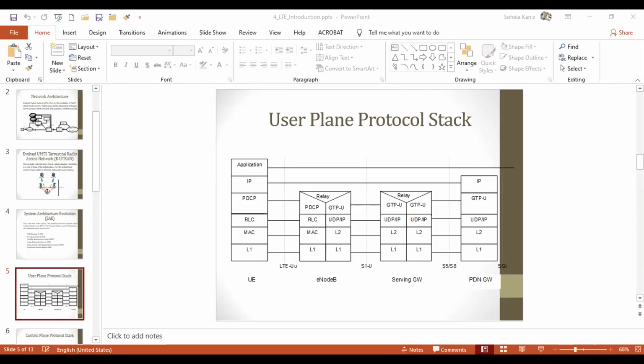Thereafter, it goes to the internet backbone. Above the physical layer, you have 3 sublayers within layer 2. These sublayers are called MAC, RLC, and PDCP. So this whole thing forms layer 2. Layer 2 has 3 sublayers.